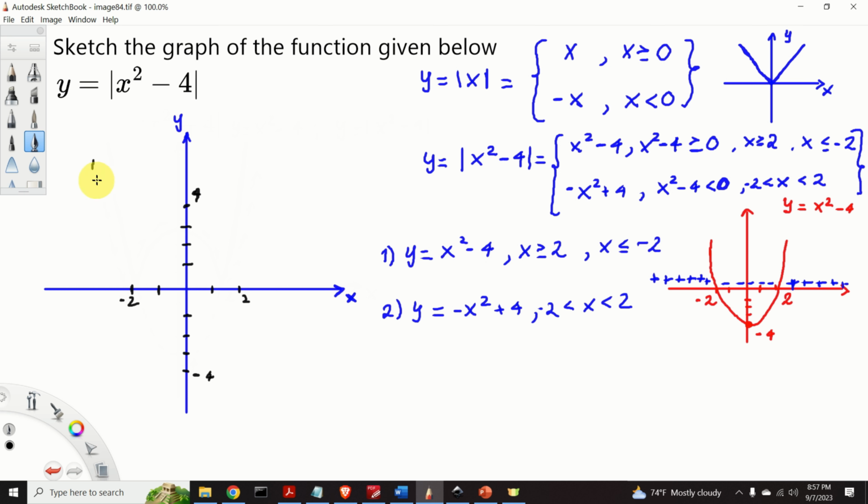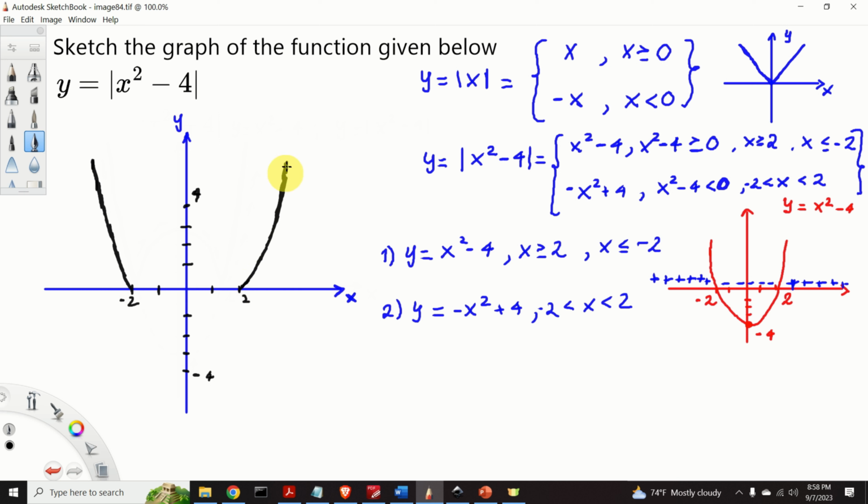That is, we will have this branch. And when actually x is larger than or equal to 2, we will have this branch.